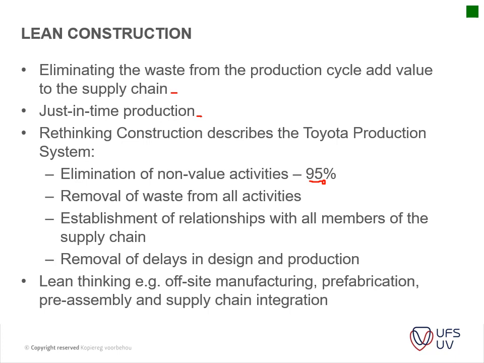Then removal of waste from all activities. Establishment of relationships with the members of the supply chain was key to making this a success. Removal of delays in design and production. Okay, and then lean thinking, for instance, off-site manufacturing, pre-manufacturing, pre-assembly and supply chain integration, etc.